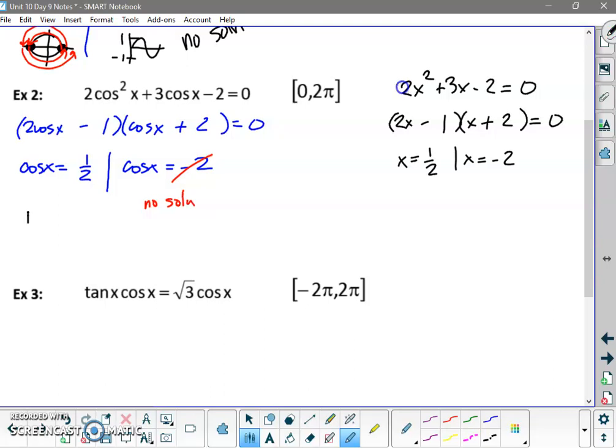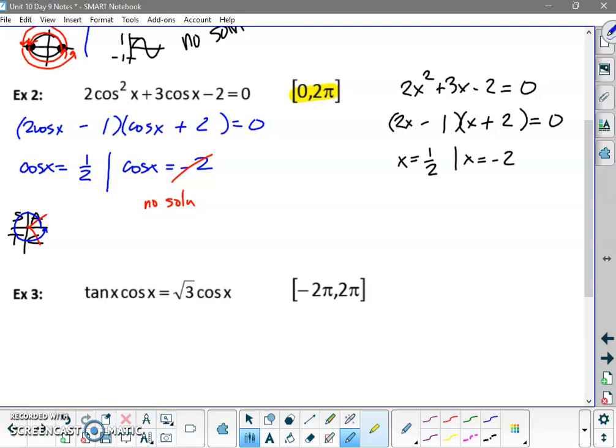Now over here, I've got cosine x equals 1/2, so I'm thinking ASTC. I have to pay attention to my domain, 0 to 2 pi. So I'm just going around the unit circle one time. Where is cosine positive? Here and here. So I'm going around one time, and every one of those angles that we hit, you write down as part of your solution.